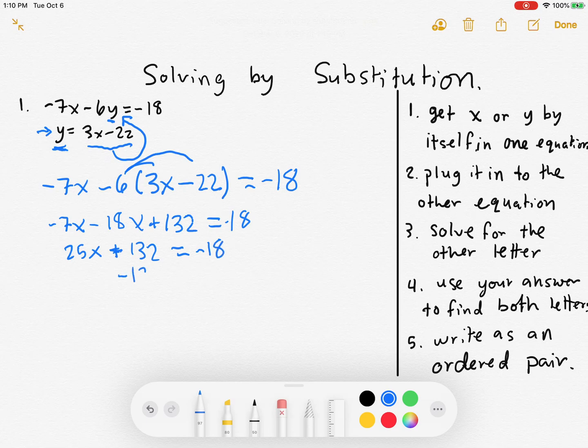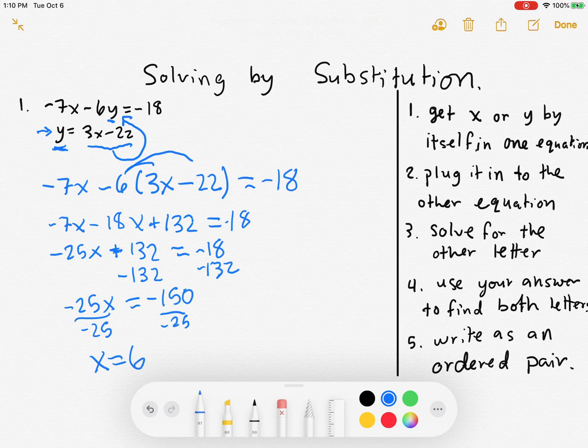We subtract over the 132. We get negative 25x equals negative 150. Forgot that negative. Divided by negative 25, we get x equals 6.